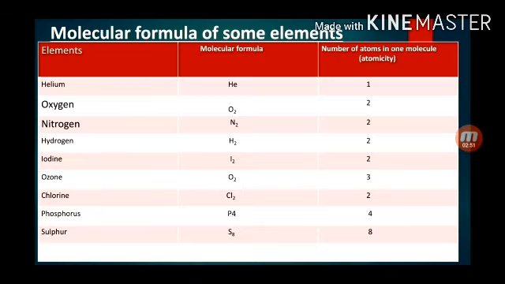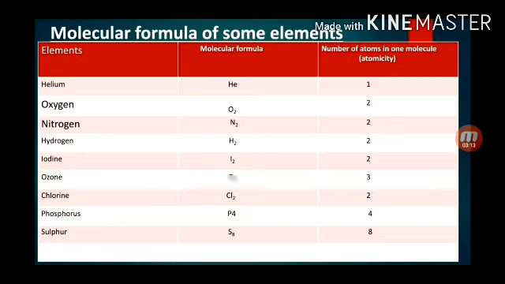Now here I have given some molecular formulas, their representation with their atomicity. You can see, the first example is helium. Already we have discussed noble elements, noble gases, inert gases you can say, which are present in elemental form.